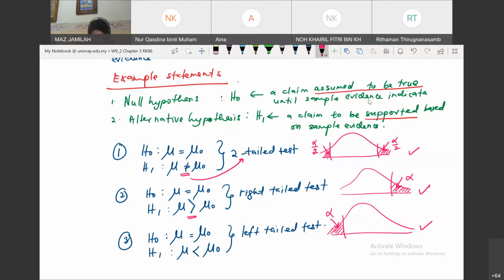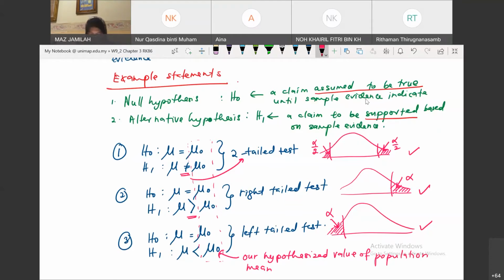Now, what are other things that I need to let you know? All the value refers to mu naught. This mu naught is what we call our hypothesized value of population mean. So in this case, we are talking about population mean.